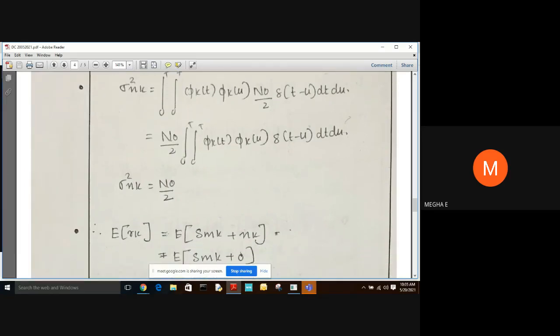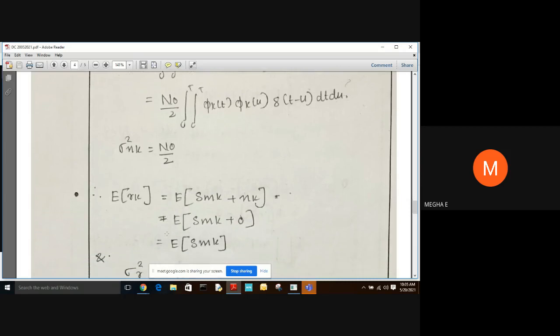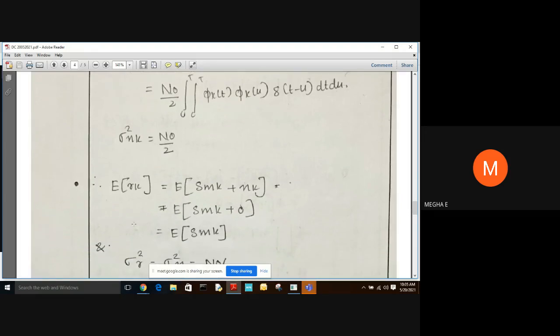Now we find the expectation of the received signal Rk, that is, the kth correlator output. Rk can be represented by expectation of S of mk plus nk. We have already found the expectation of nk is 0. So the expectation of S of mk plus 0 is nothing but the expectation of S of mk.